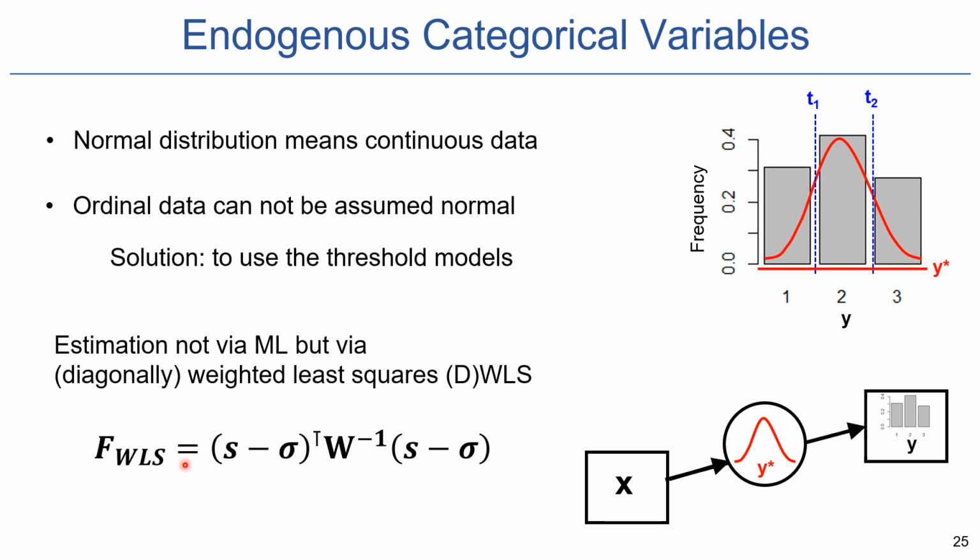S here is the observed covariance matrix, and sigma is the model-implied covariance matrix. And W is a weight matrix, which gives relative weights to the data points which are more informative about the relationship between X and Y. But we will not go into details, of course, on how to calculate this weight matrix. And in lavaan, it uses by default the diagonally weighted least squares, so it uses the diagonals of this weight matrix.